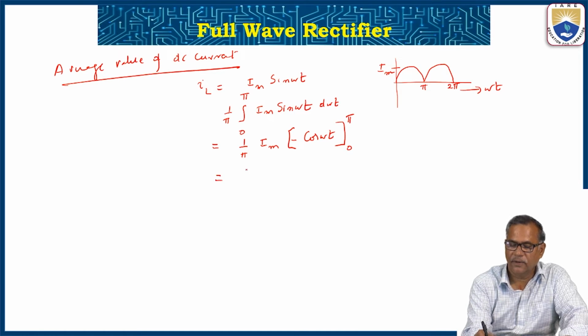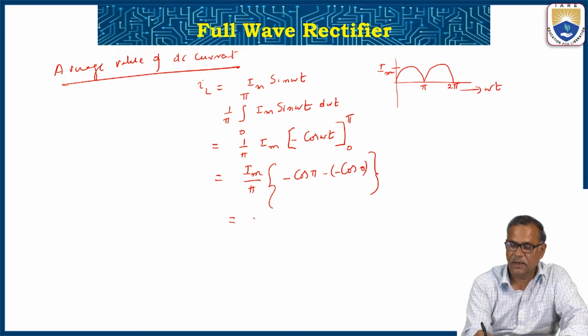So we get IM by pi times minus cos pi minus, minus cos 0.